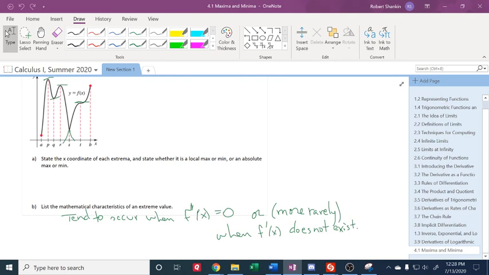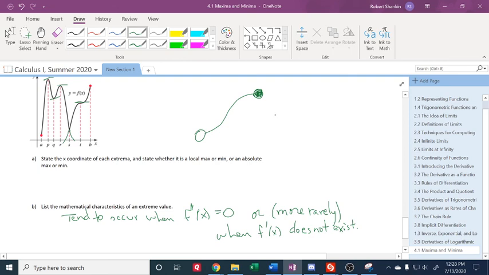Now, on open intervals, let me show you. Suppose we had something that looked like this. Now, I'm going to fill this one in, but I'm not going to fill that one in. Okay.